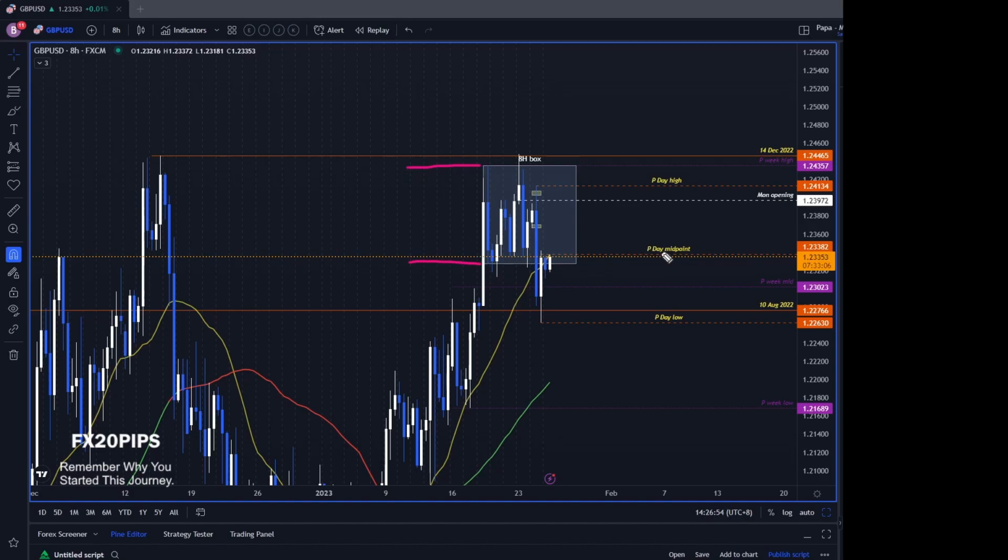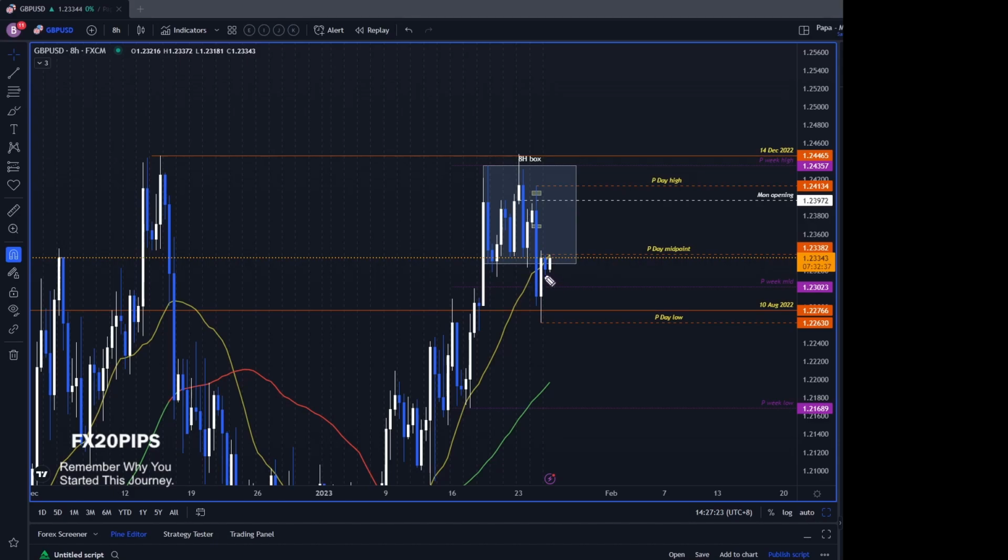I am very consistent in my explanation of these 8-hour or 4-hour boxes: the first candle came out closed, and then we look for what happens at the second candle. We can see the second candle shot right back into the 8-hour candle box.